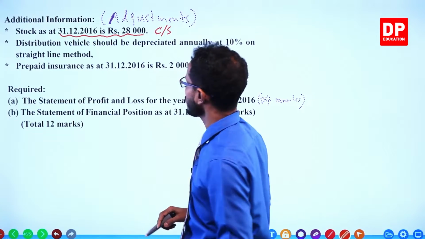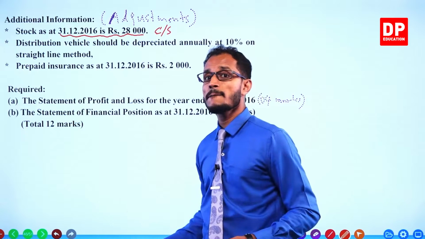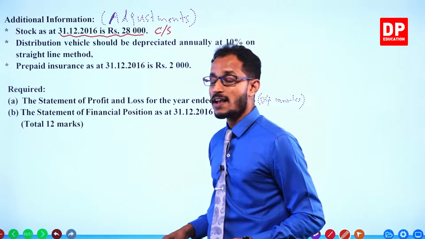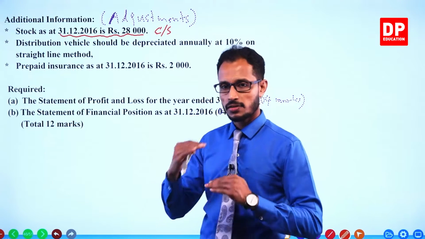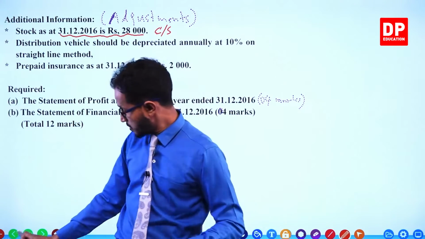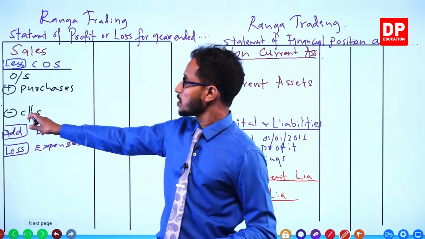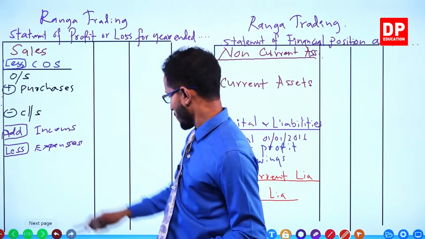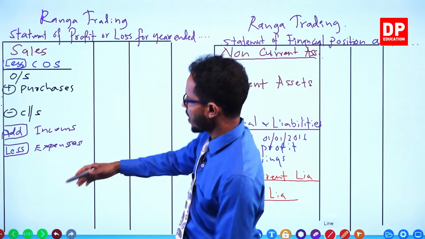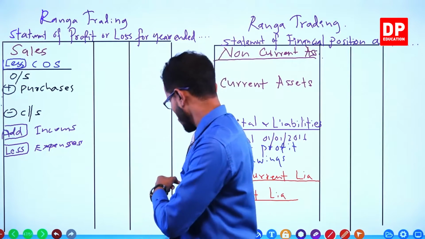You know that closing stock goes to the trading account, the upper part. 28,000 in the profit or loss statement, upper part.